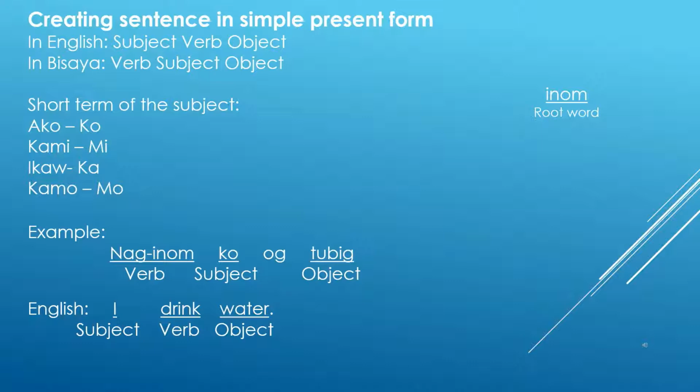The root word of the verb is only inom, but we are putting the prefix nag as a sign that it is a present form. Some of the verbs will use na as a prefix, depending on the word. Og is a word we are regularly using before the object. It is always present in a sentence with an object.